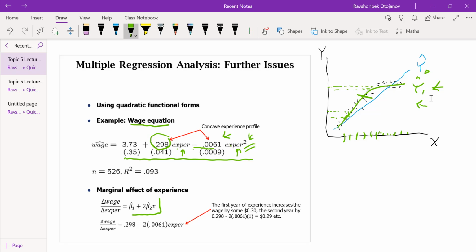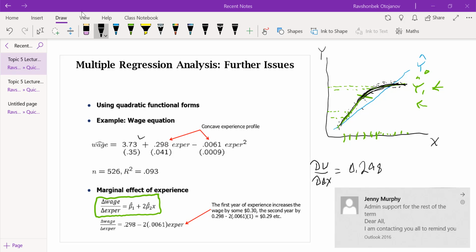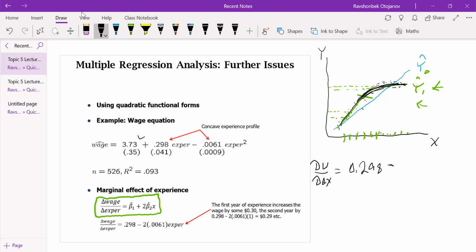We have this formula for interpreting the result. Now, where do we get that formula? Let me just clean this up. We use calculus, derivatives, to calculate the marginal effect. So we take the derivative of wage with respect to experience. What we get here is 0.298 minus 2 times, the derivative of this, that times 61 experience.